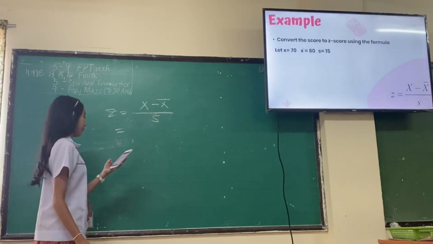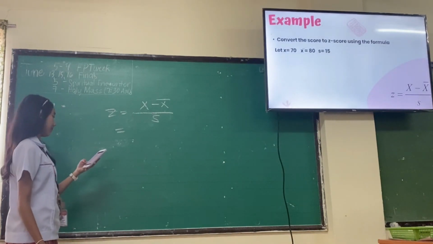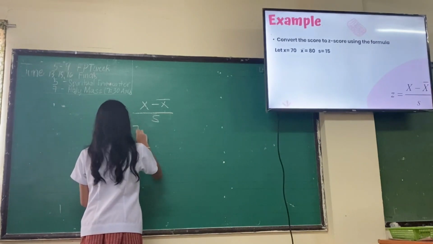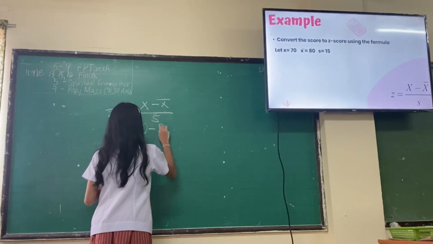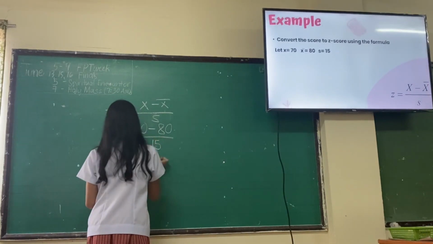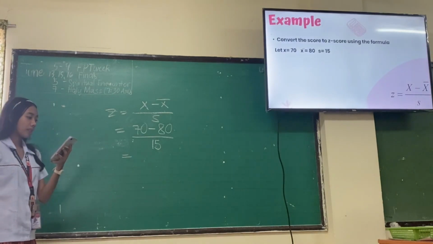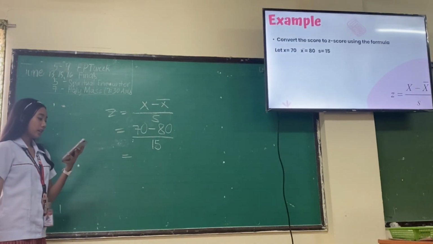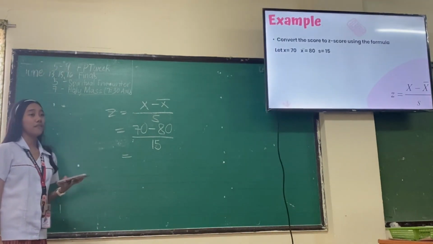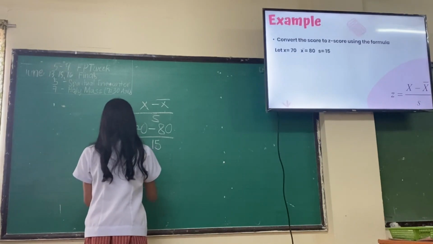For the first step, the score 70 must be subtracted from the mean score 80. And for the second step, the answer from 70 minus 80, which is negative 10, must be divided by the standard deviation 15.